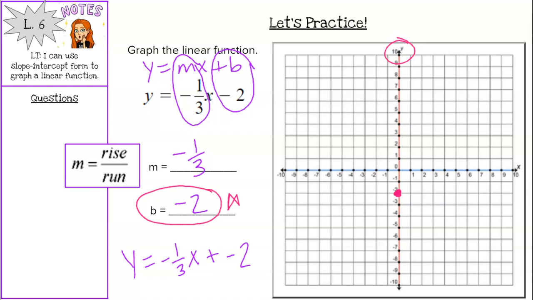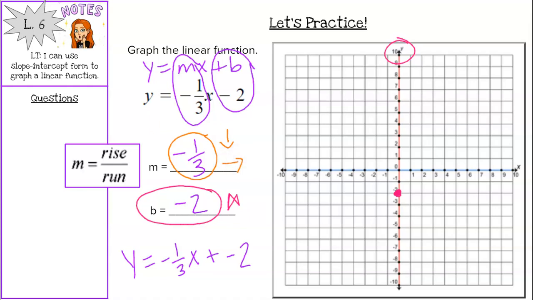So that negative 1/3, we only make the 1 negative. We don't say negative 1 over negative 3. It's just negative 1/3. That negative 1 tells us we're going down 1. But that 3 is still positive, so we're going to go to the right 3.